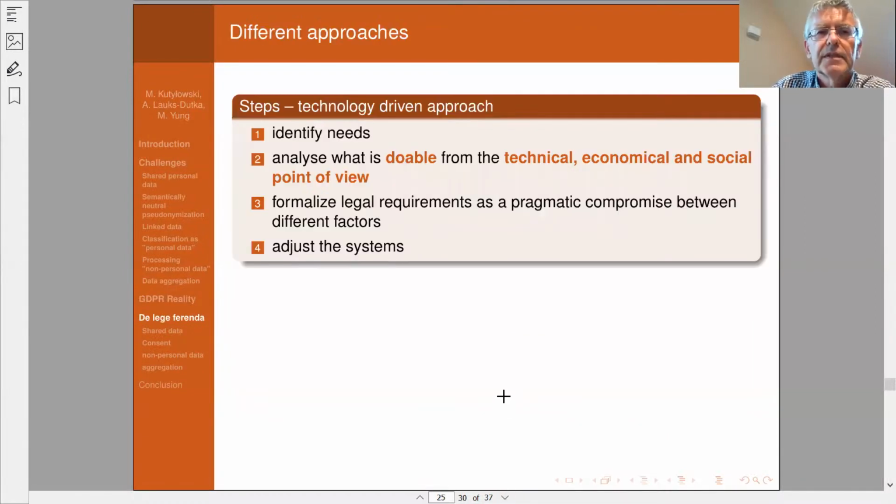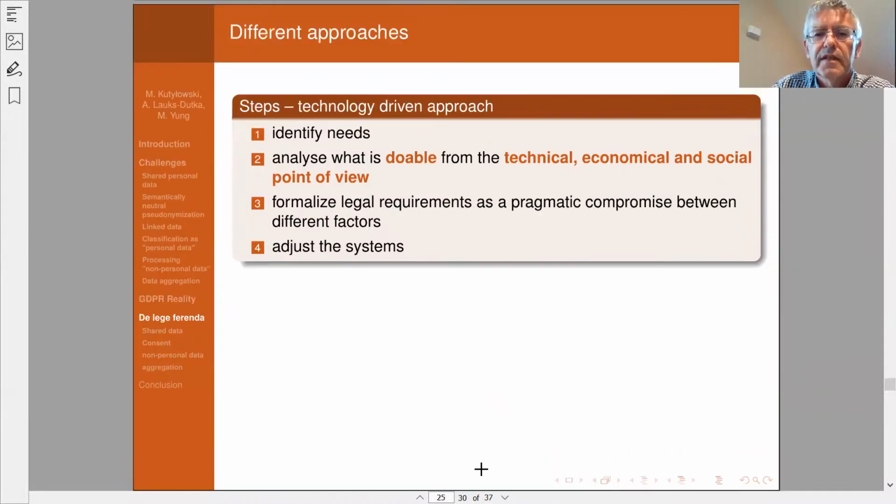Okay, so the approach we propose is that first we identify needs and analyze what is doable from a technical, economical, social point of view, then adjust the legal requirements and then adjust the systems.